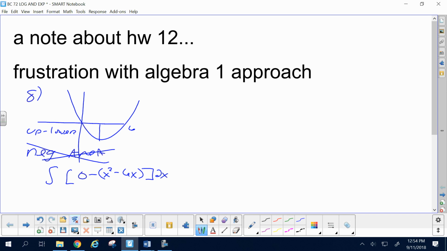I would take that, for sure, but I would also take saying, I know these are negative y's, so I'm going to negate the function, and that will get me a positive area. What is totally unacceptable is to do it the wrong way.